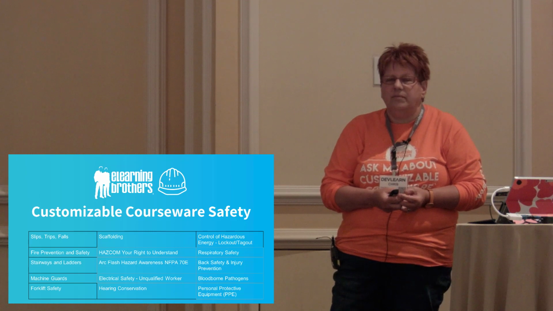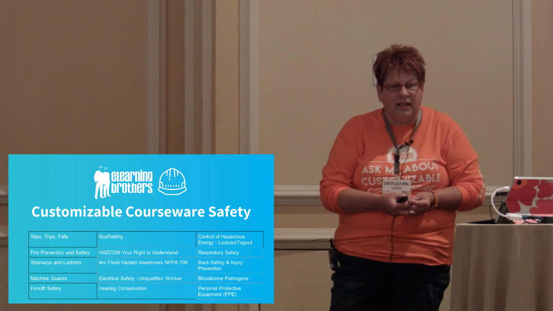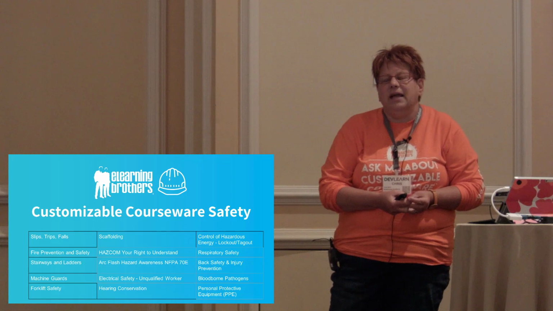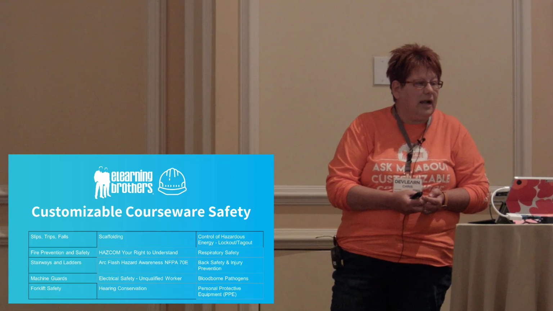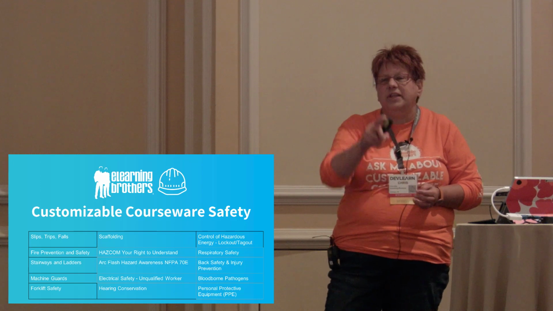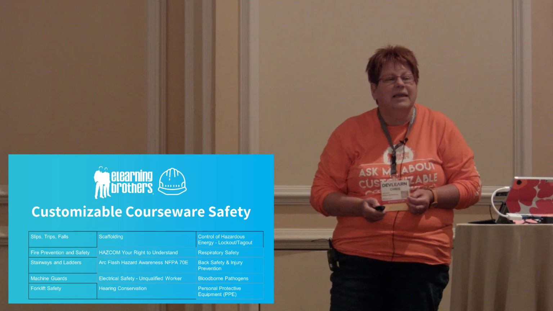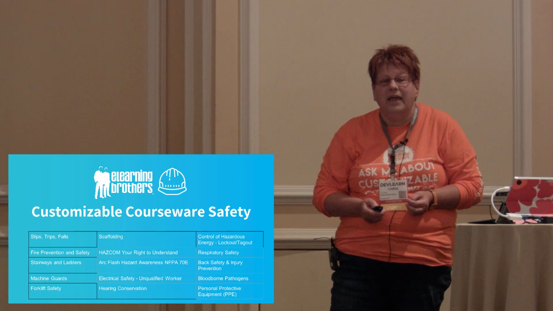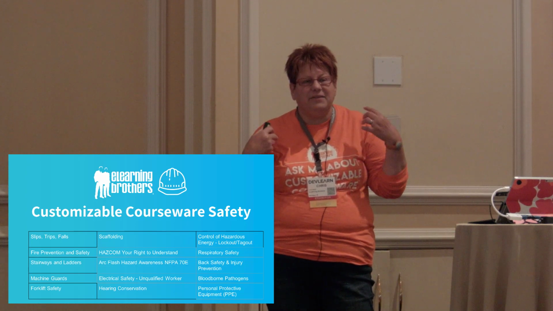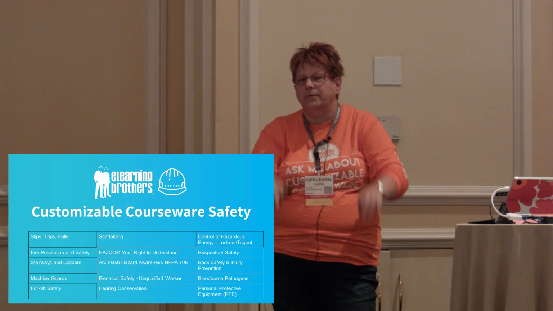If you are responsible for safety and compliance training and you would be interested in customizable courseware, we have 75 titles that are potentially in our work queue for safety training. Please let one of our sales consultants know which ones you would like to see if they are not already on this list. That feedback comes directly to me, and we have the opportunity to put that into our queue for you.